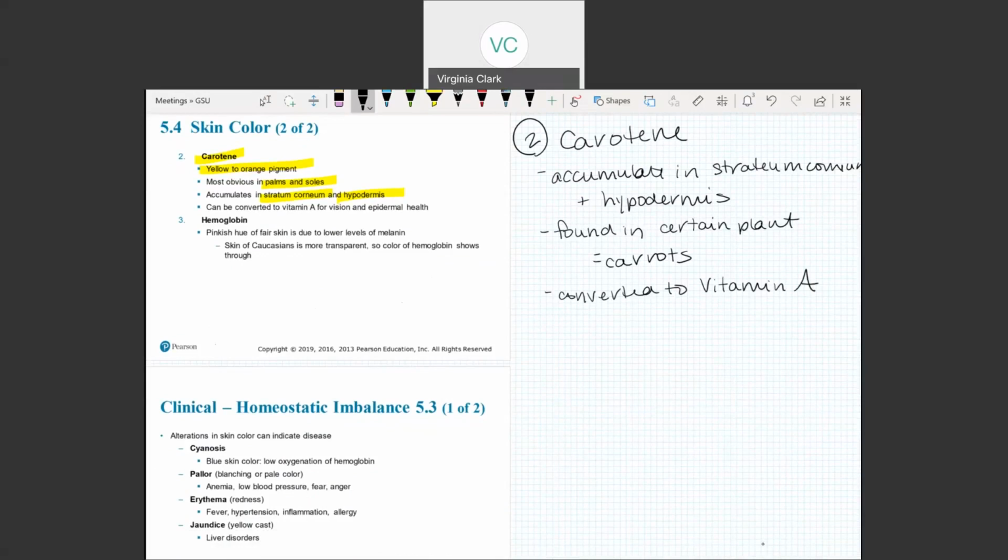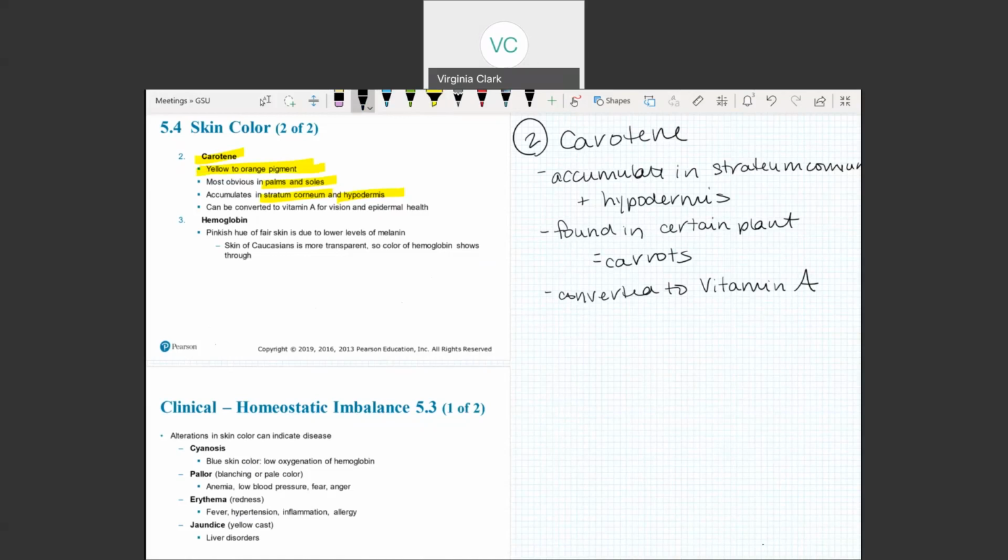That's where that old wives' tale comes from. But if you eat too many carrots, you will get this yellow to orange pigment, which means you can actually adjust your skin color by having too much accumulation, and your skin can take on a reddish or an orangish hue.